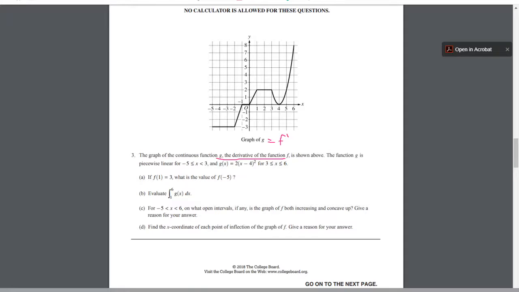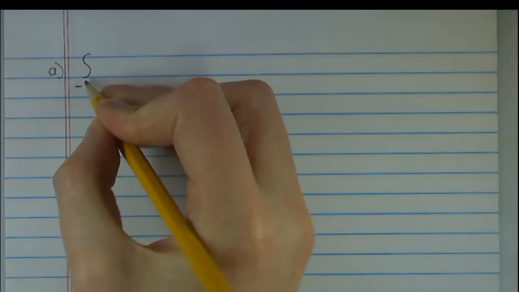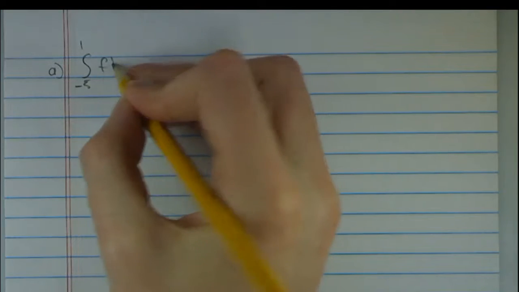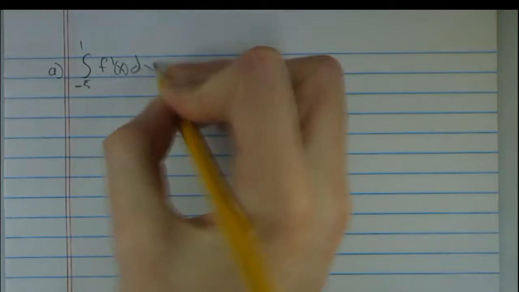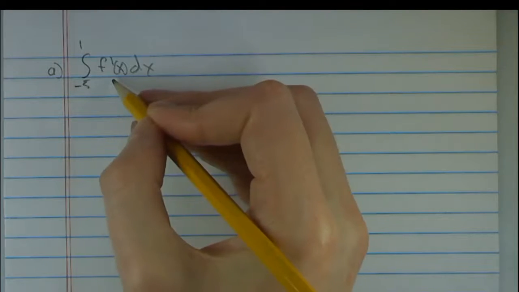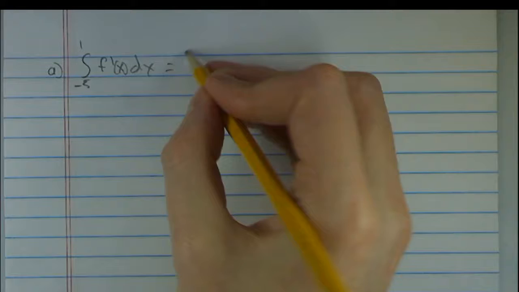For starters, I think this is the most elegant way to do it, but it's not the only way to think about it. The integral from -5 to 1 of f prime of x, I'm labeling it this way because that's g.